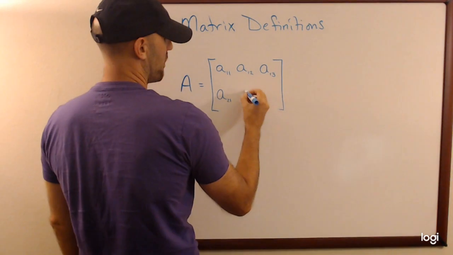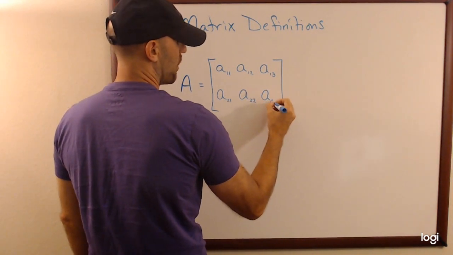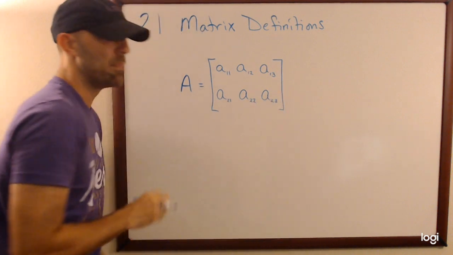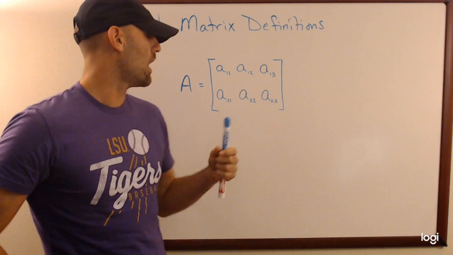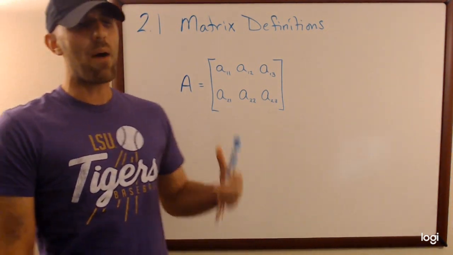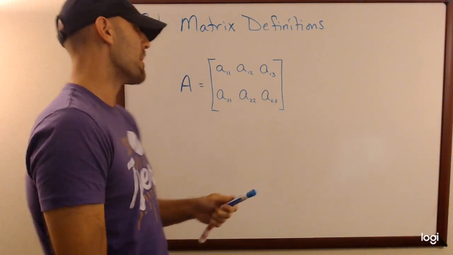Here we have row 2, column 2, and finally row 2, column 3. So using this particular indexing strategy, now I have a very specific name for every location in my matrix.